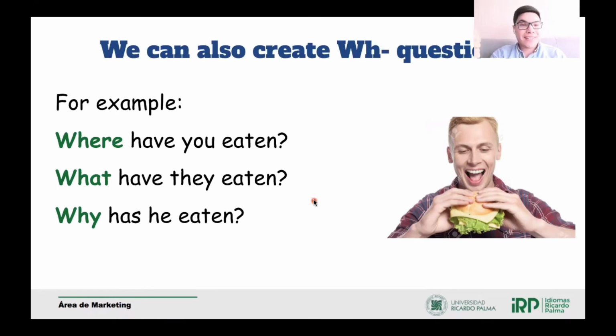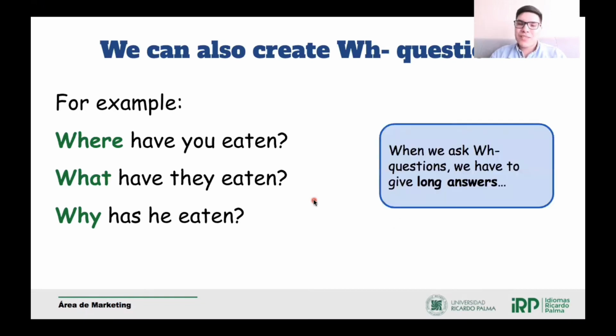We can also create questions with when, with how, with who, how long, how many, how often, how well, etc. When we answer these questions, we usually give long answers. Where have you eaten? I have eaten in the supermarket. Or what have they eaten? They have eaten a sandwich. So we need to give a long answer.